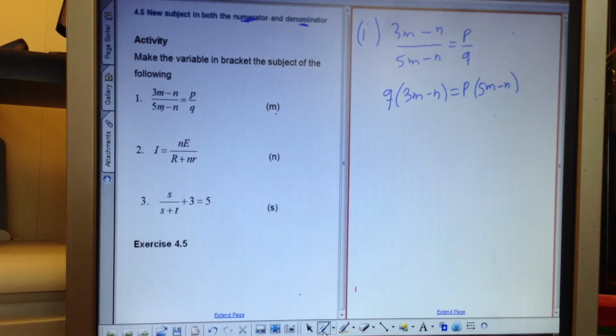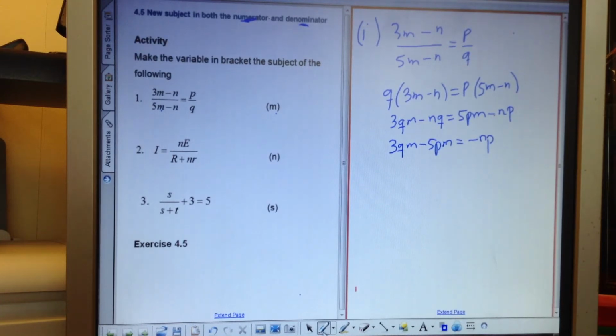We then expand to get 3qm minus nq equals 5pm minus np. We group the terms with m's, so we're going to get 3qm minus 5pm equals, we have minus nq over here already, so we have minus np here.